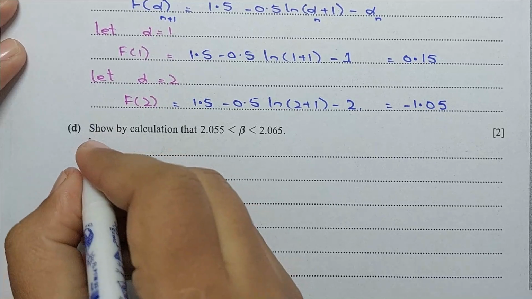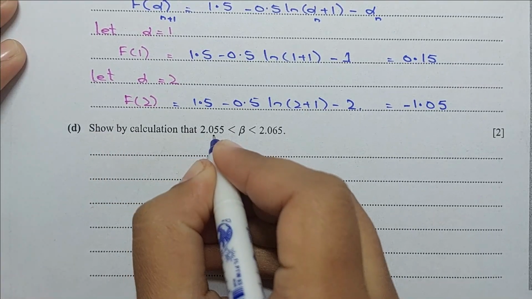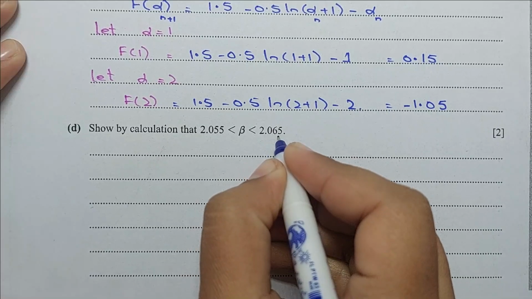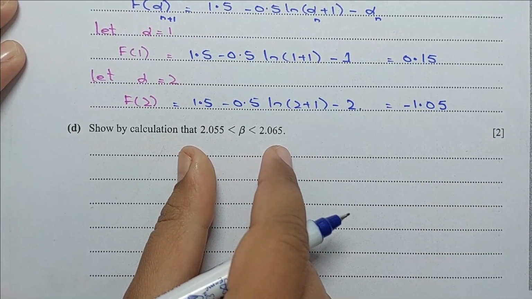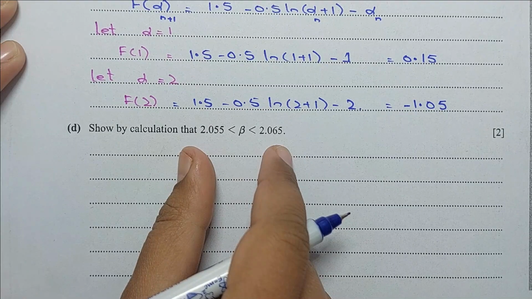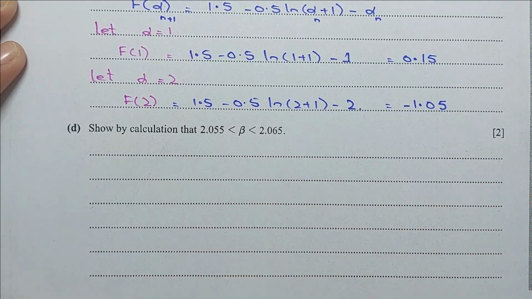Now moving to part D, show by calculation that beta lies between 2.055 and 2.065. If beta lies between these two numbers, it means we have to use a sign change. If the sign change occurs between these two values, then we can say that beta lies between 2.055 and 2.065.